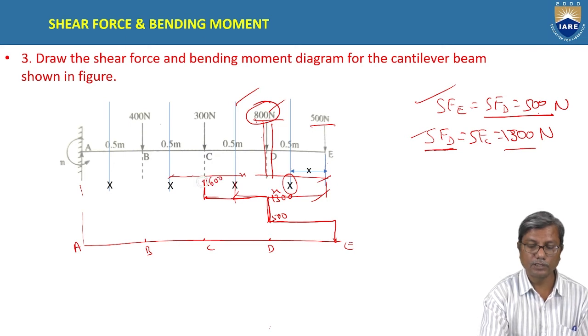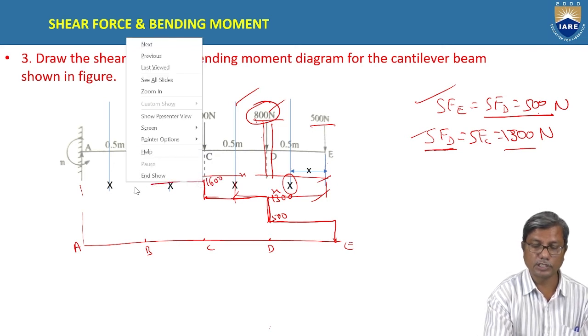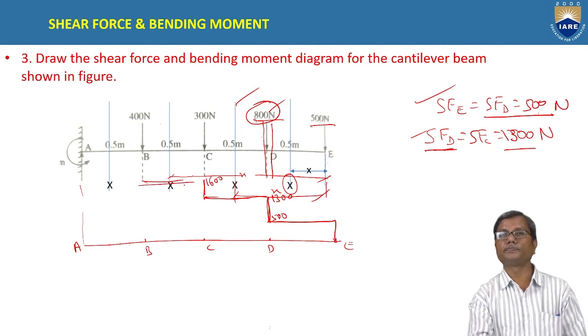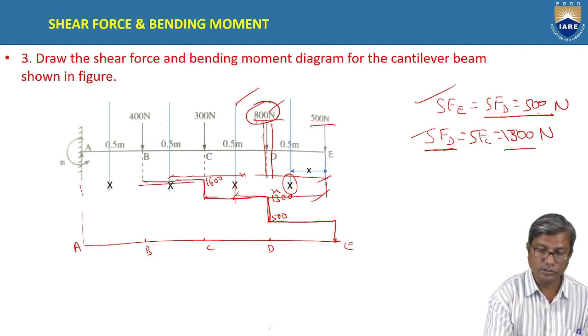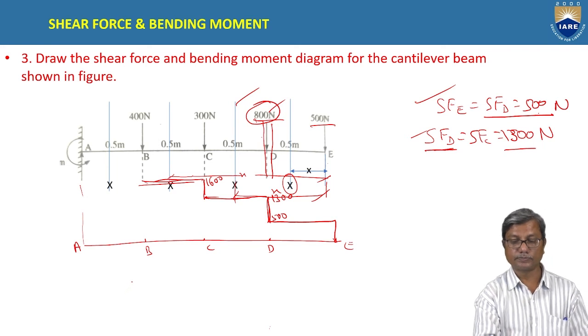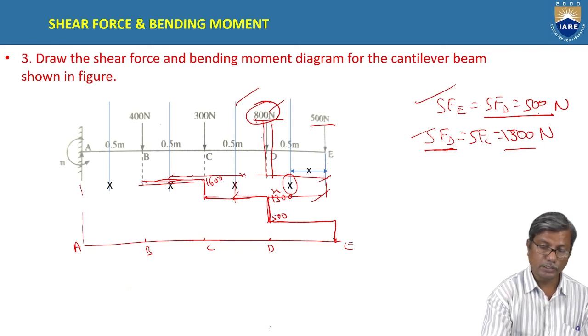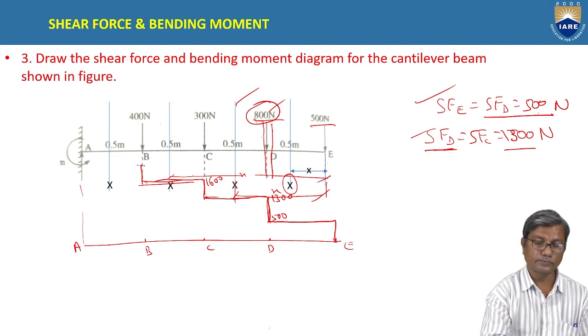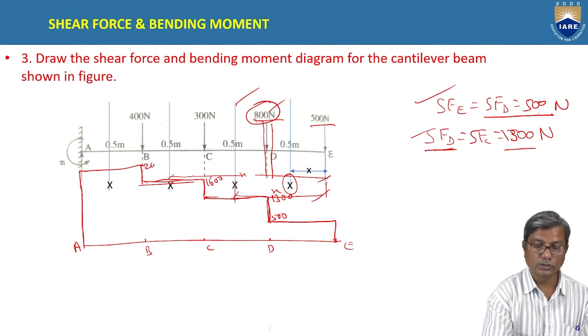Okay. And which remains constant between B and C. So the shear force remains constant between B and C. And at B, the shear force again rises by 400 and the shear force remains same between A and B.